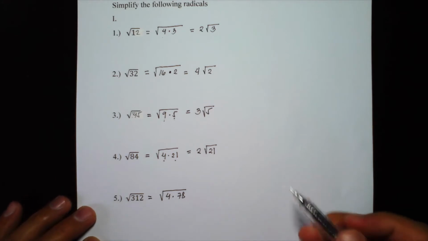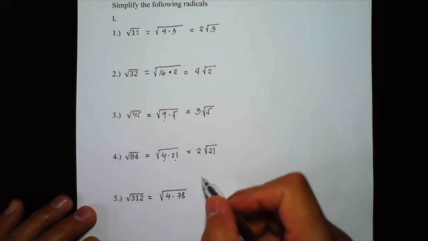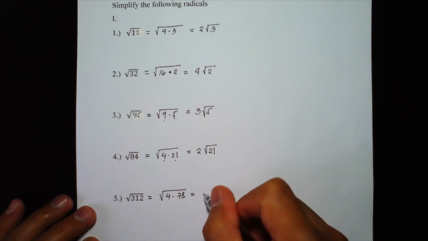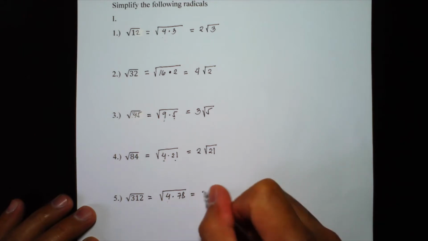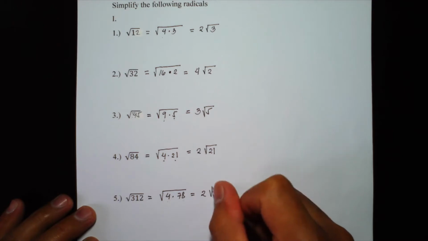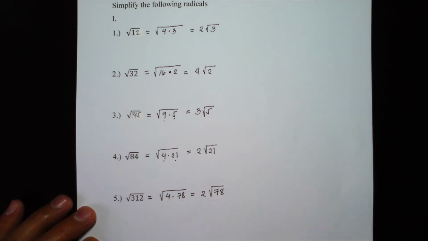Since 4 is a perfect square, it will go outside of the radical. So the square root of 4 is 2, and 78 is not a perfect square, therefore it remains inside of the radical. So we have 2 square root of 78. That is the simplified form of square root of 312. Okay, can you follow?